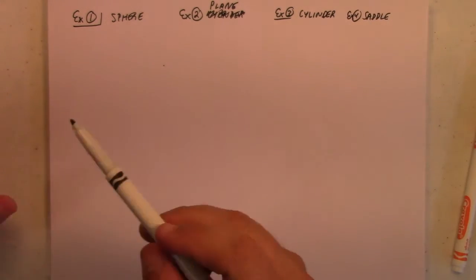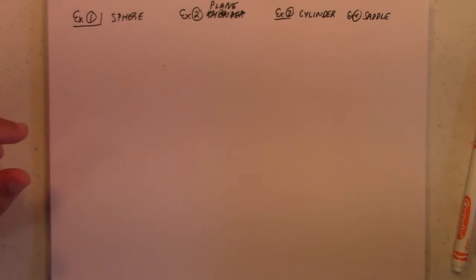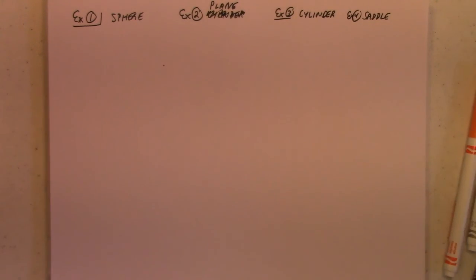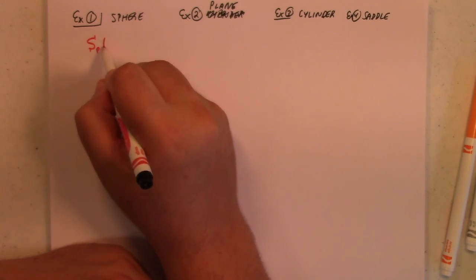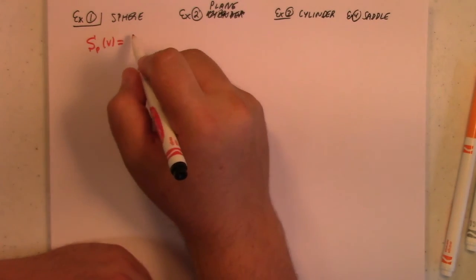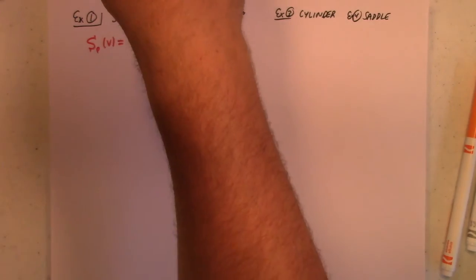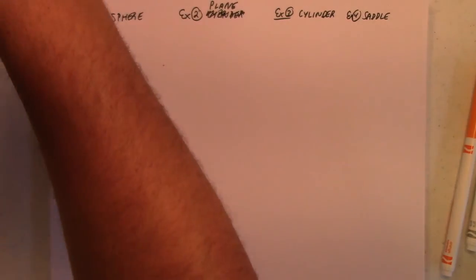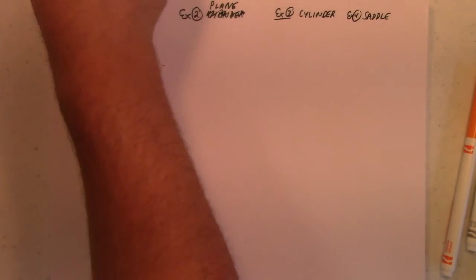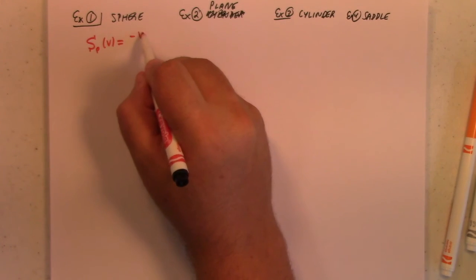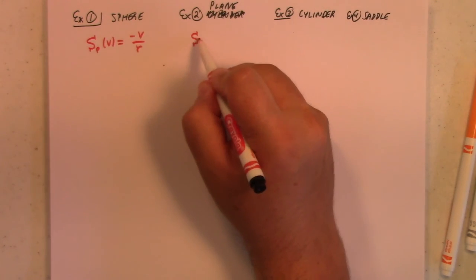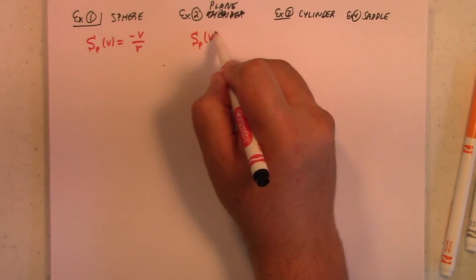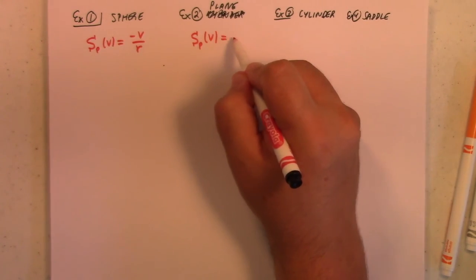Right? And so just to recap what we found: S_P acting on V was just equal to, what was it? Minus V over R. For the plane, we had that the shape operator at any point P was just 0.